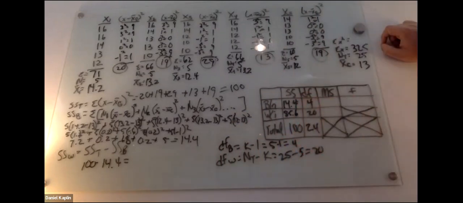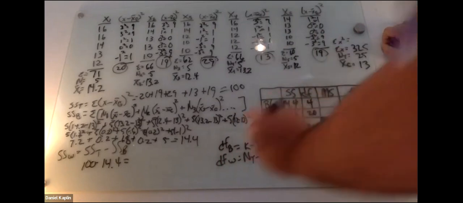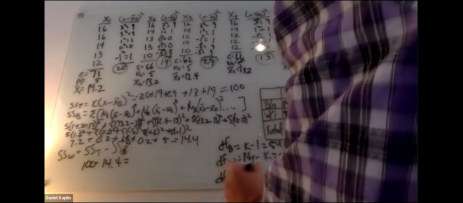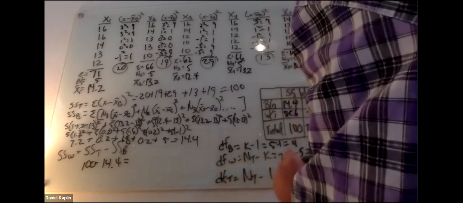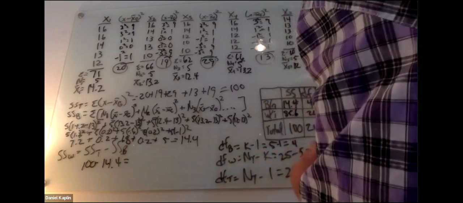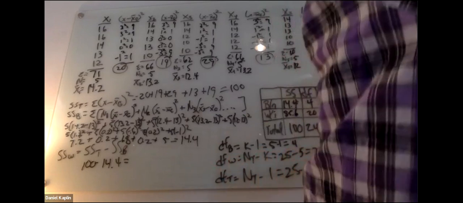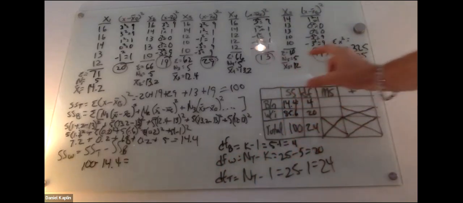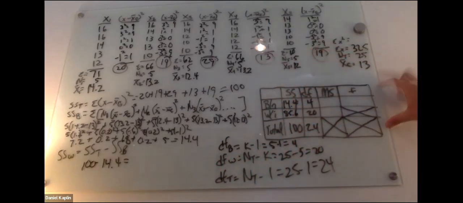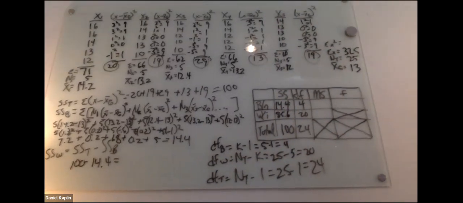You can fact check yourself to see if you made a mistake, because the degrees of freedom total is n total minus 1, which is 25 minus 1, which gives us 24. So far we have plugged in 6 of the scores in our summary table. It gets easier from this point forward.